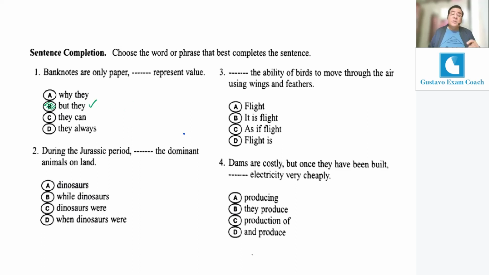Why? Because you have an independent clause. Banknotes are only paper, then a comma. So you have to continue the idea with another independent clause. But independent clauses can only be connected using coordinating conjunctions such as but. You cannot put 2 independent clauses together just with a comma in between.